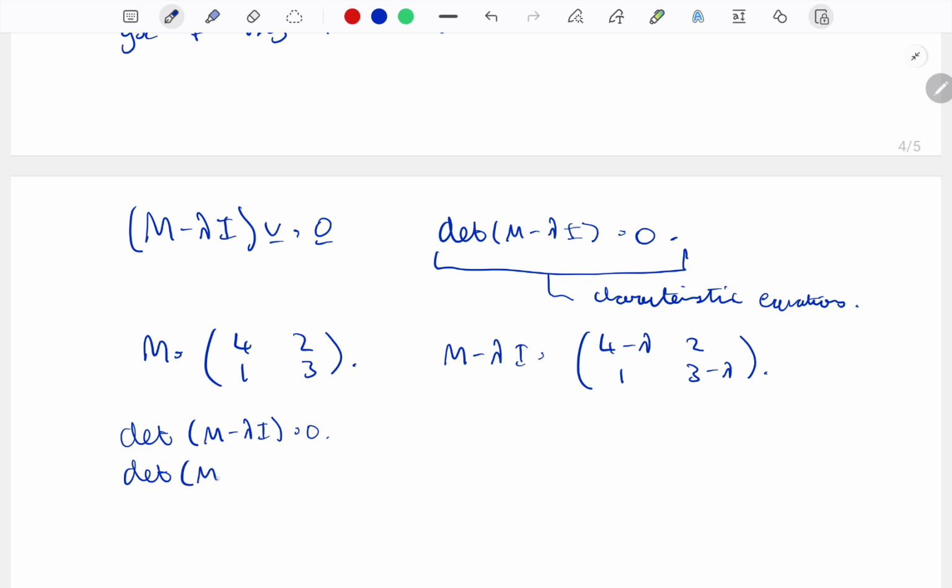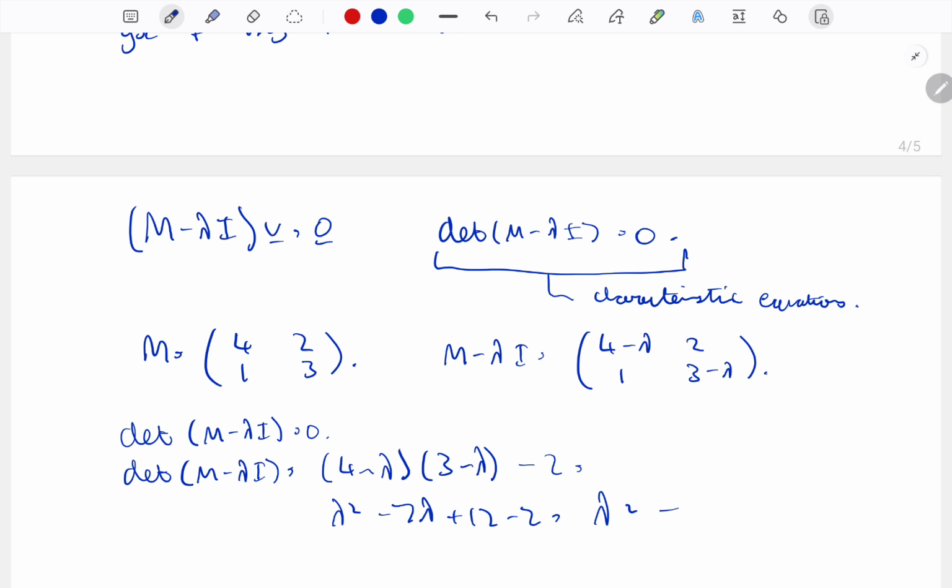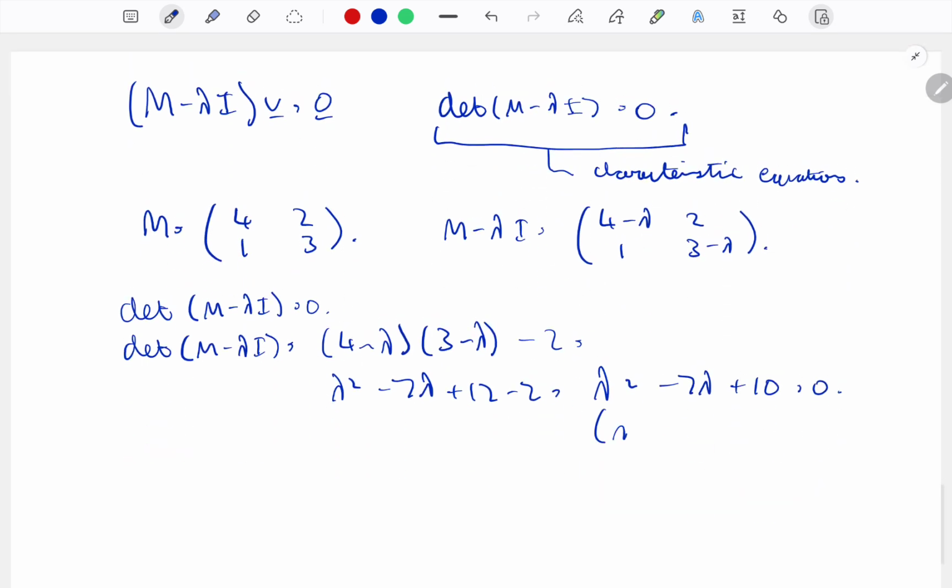So the determinant is (4 minus lambda)(3 minus lambda), take away 2, which is lambda squared, minus 4 lambda minus 3 lambda, which is minus 7 lambda, add 12, take away 2, which is lambda squared, minus 7 lambda, add 10, equal to 0. So (lambda take away 5)(lambda take away 2) equals 0. Lambda 1 equals 5, lambda 2 is equal to 2.